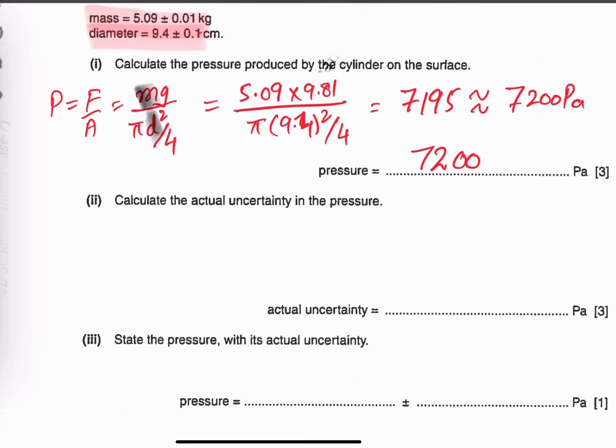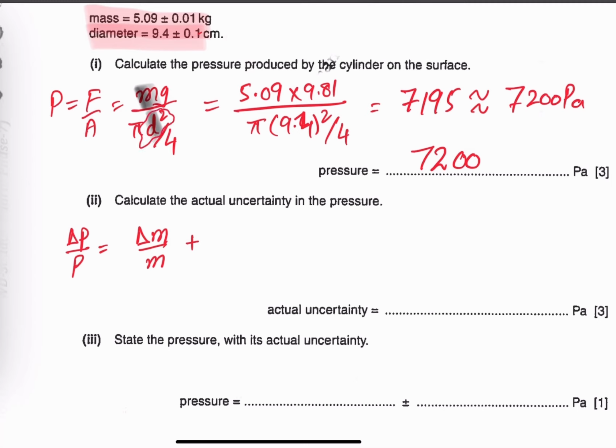So percentage uncertainty in pressure is equal to percentage uncertainty in mass plus that in d square.